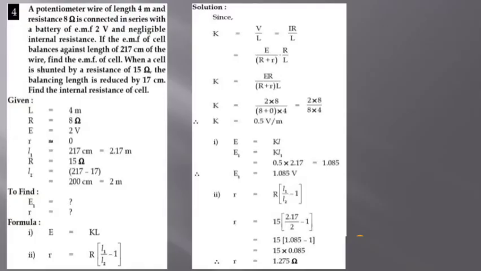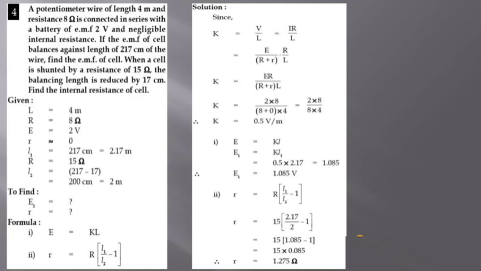Now one numerical on internal resistance of the cell. A potentiometer wire of length 4 meter and resistance 8 ohms is connected in series with a battery of EMF 2 volts and negligible internal resistance.